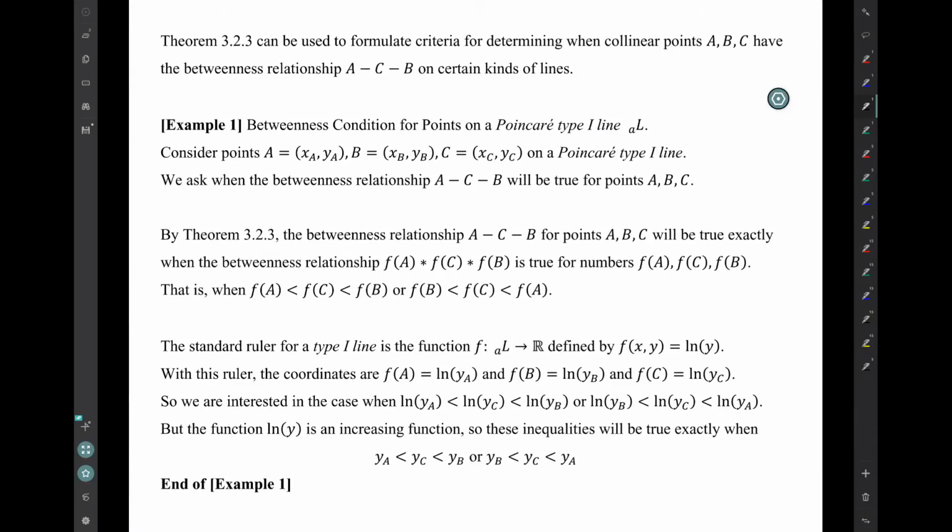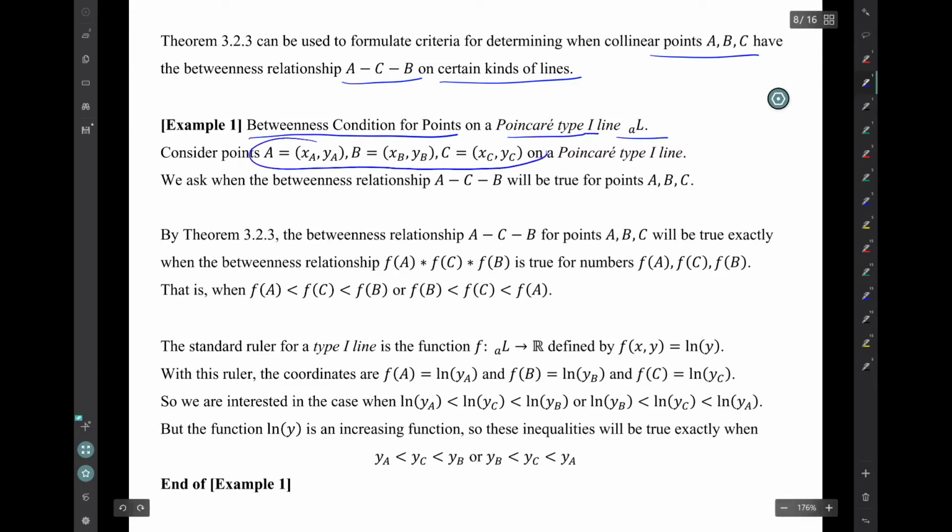This theorem 3.2.3 can be used to formulate criteria for determining when collinear points ABC have this betweenness relationship on certain particular kinds of lines. So for instance, here's the betweenness condition for points on a Poincare type 1 line. That is a vertical looking line.